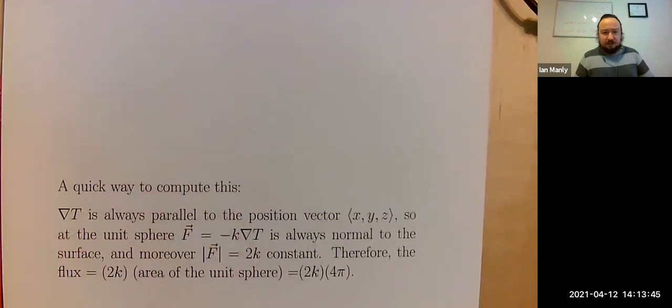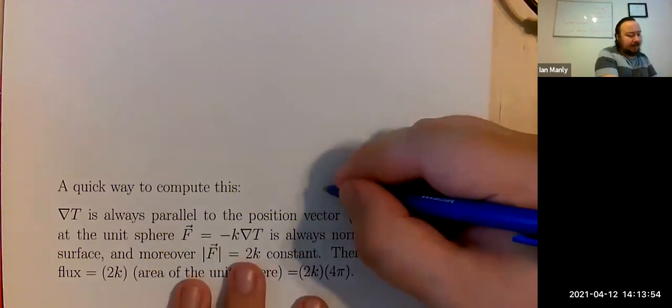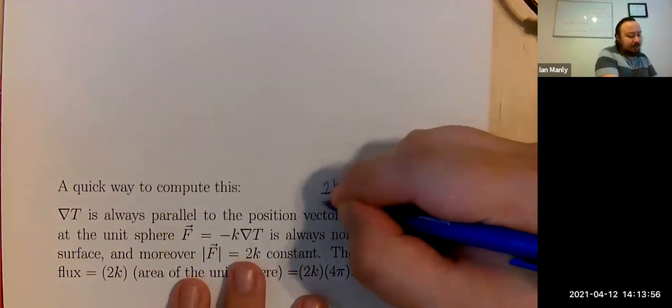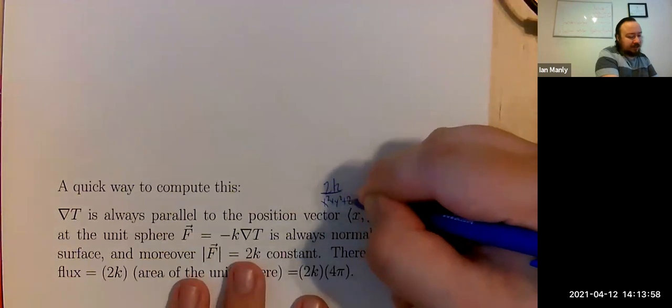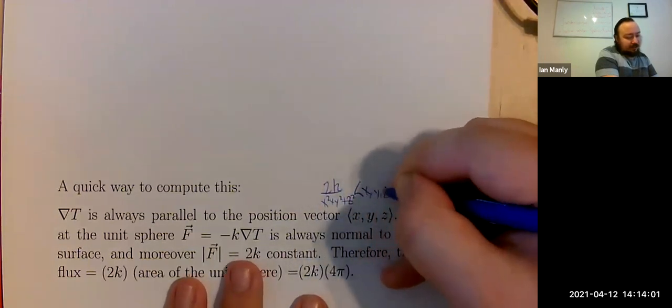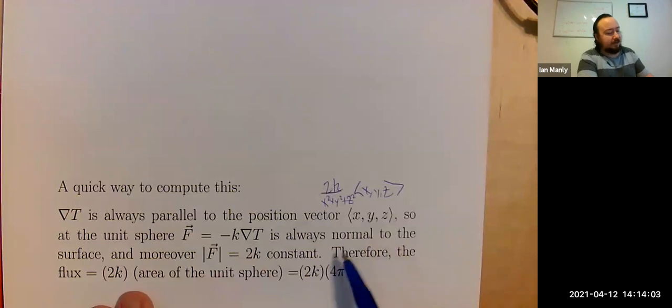A quick way to compute this, the gradient of t is always parallel to the position vector. Remember, we were able to write it as 2k over x squared plus y squared plus z squared times x, y, z. So it's parallel to the position vector.